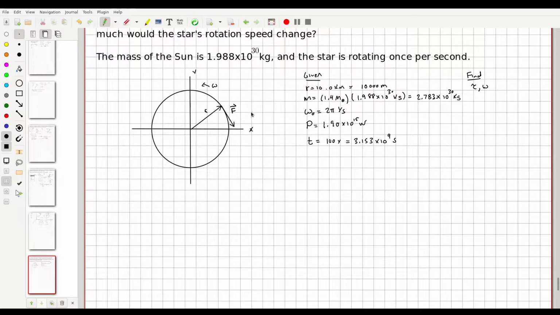Now, we also know that as this thing rotates, it has the moment of inertia of a sphere. We can look that up. I want to say it's 3/5 mr squared, but I just want to make sure.